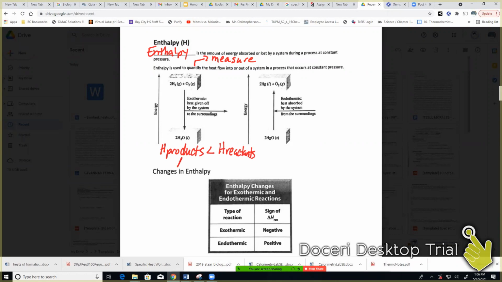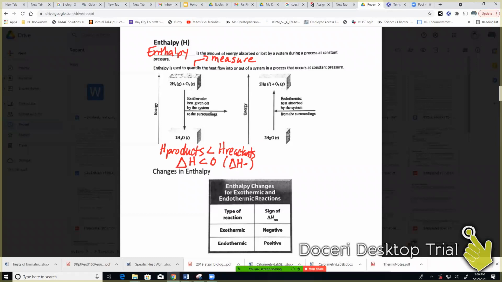Remember, a triangle means change. If you look at the change in enthalpy from reactants to products, it would be less than 0. So in other words, your delta H is going to be negative.